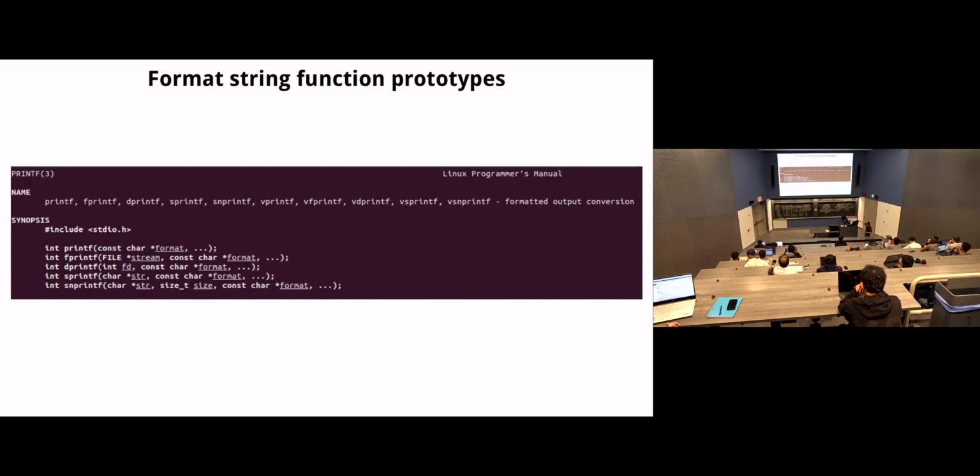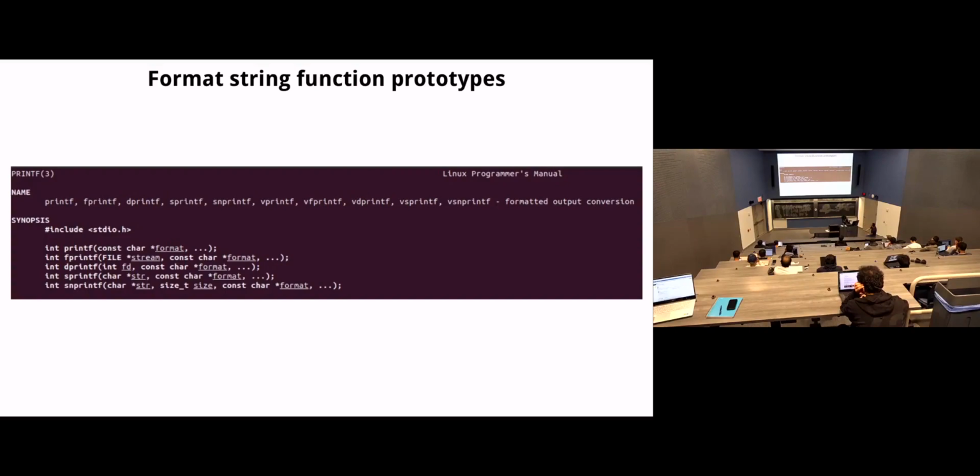You can see all those functions are variable argument functions. At the end, you always have to specify the first argument, then after that it will just be 3 dots because we don't know how many arguments there will be. In printf, the first argument is a format string. In fprintf, the second argument is a format string, and the first argument is where it tries to output to, a file stream. dprintf takes just a file descriptor.